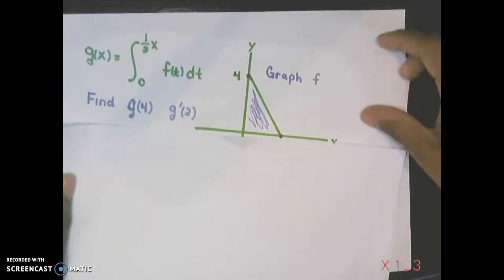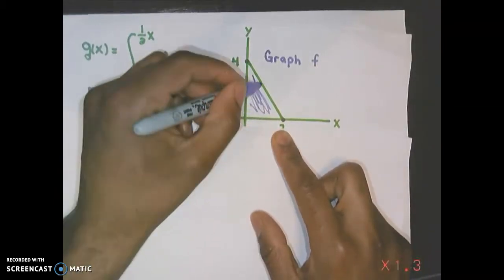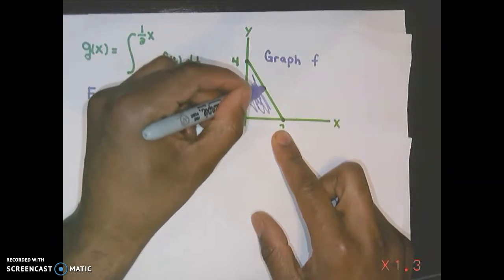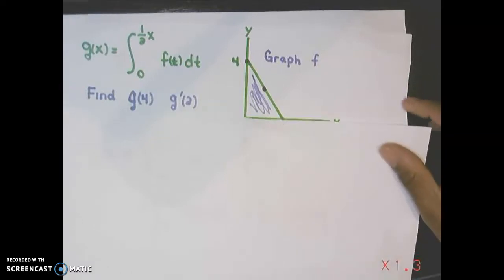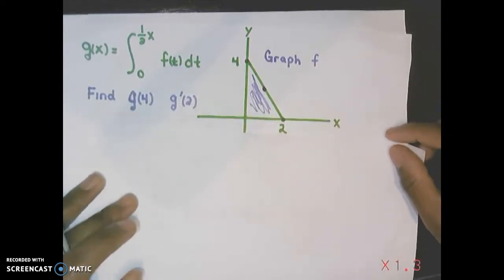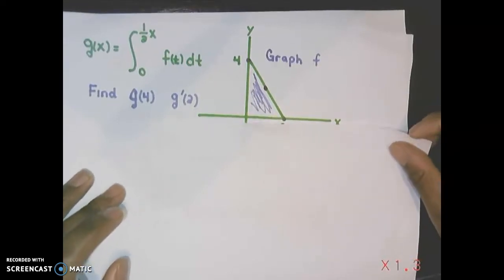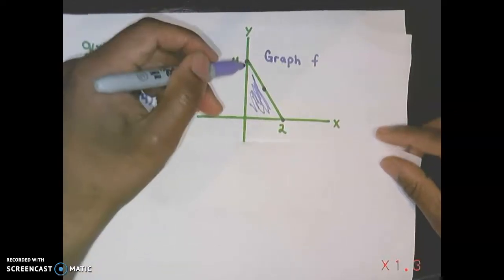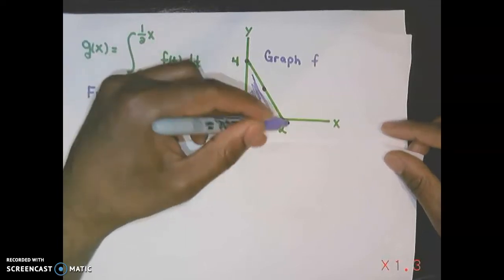So in looking at this graph, this is the graph of f, and I want to find what f of 1 is. That's some point right here. Well, we can use the slope of this line to determine that value, because I can see that I'm going to have to go down 2 and to the right 1.